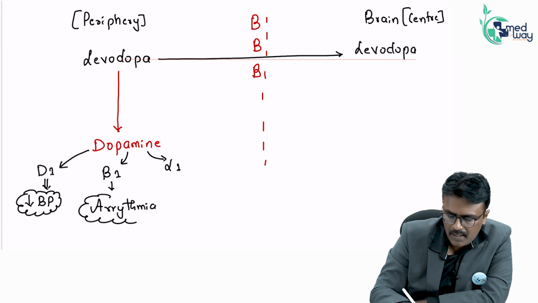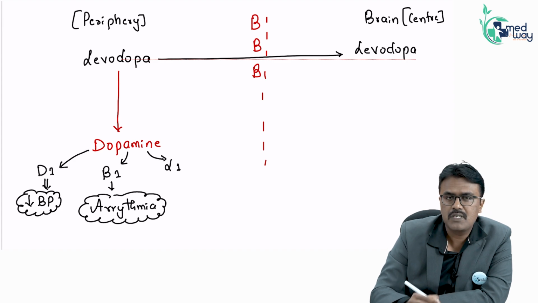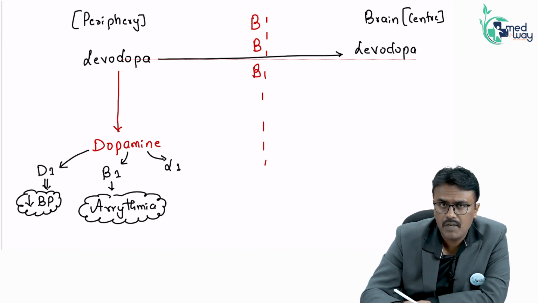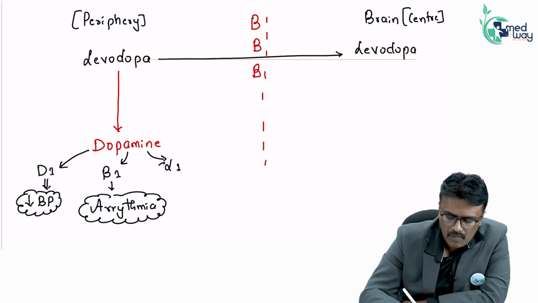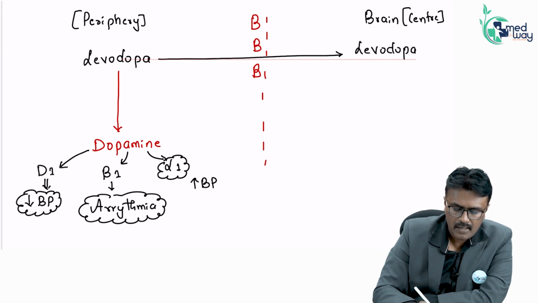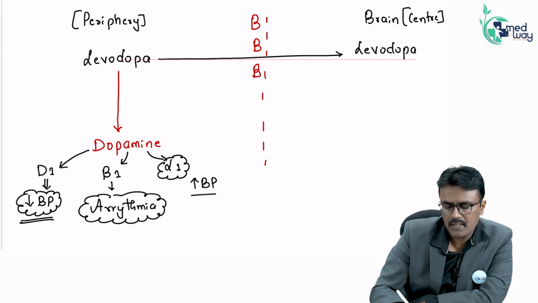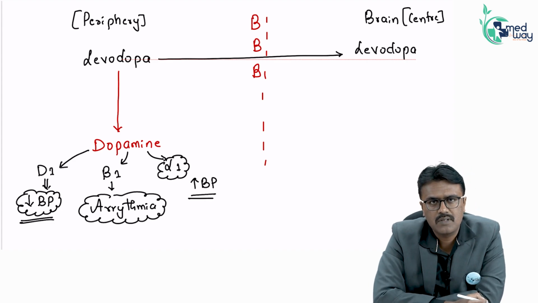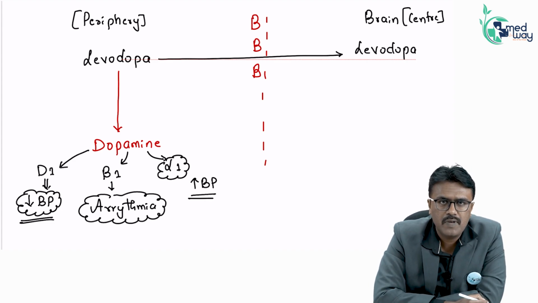If you still further increase the dose of levodopa, it becomes dopamine, and you see alpha 1 action, and that can increase BP. You may ask, sir, how can a drug decrease the BP and also increase the BP? That's the dose. Very low dose, hypotension; high dose, hypertension.